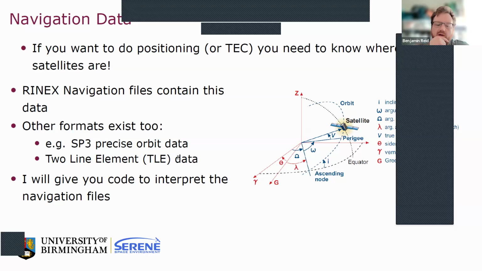If you are trying to keep satellites from colliding with each other, TLEs are what people use for that, but they have them for all satellites, so you can use that to get navigation satellite positions too. These all have different levels of precision, but for TEC calculations, they're all good enough. But in our work, we'll use the navigation files.